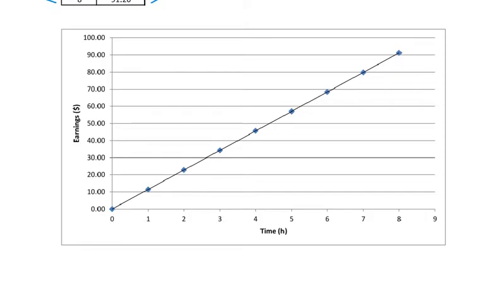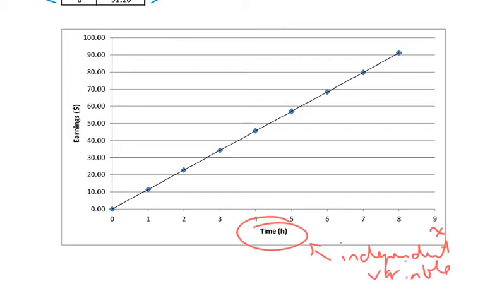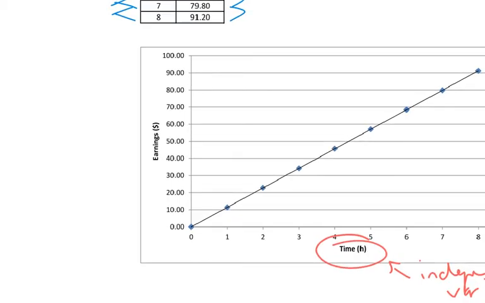In our graph, the independent variable is always located on the x-axis. So let's write that down again. Independent variable. Over here on the side, we have earnings. Earnings is located on the y-axis.